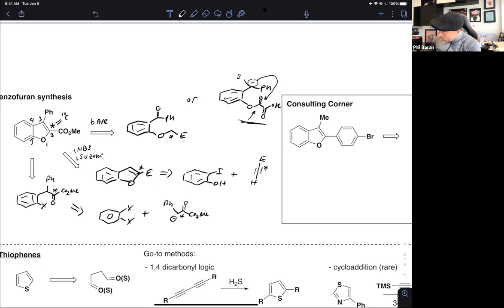So perhaps this could be BrI or BrCl, where they're differentiated, or even Br might be fine and do the whole thing in one pot, wherein you treat this with palladium or copper, you get the first coupling to go, and then via the enol form of this ketoester, it then cyclizes to give you the 1,5 bond.